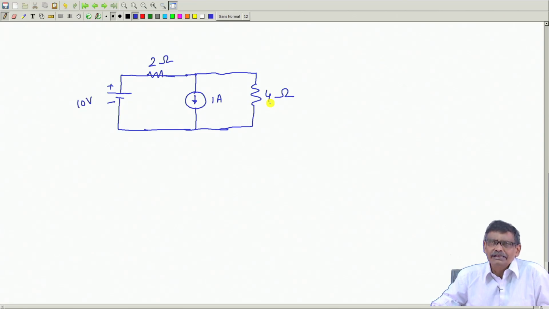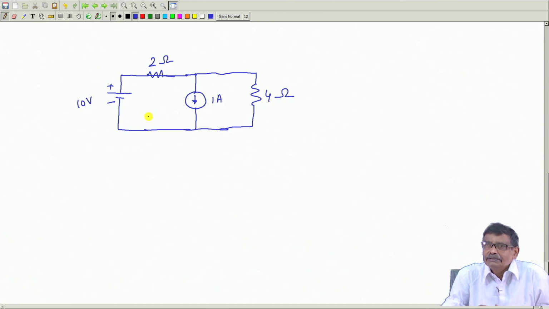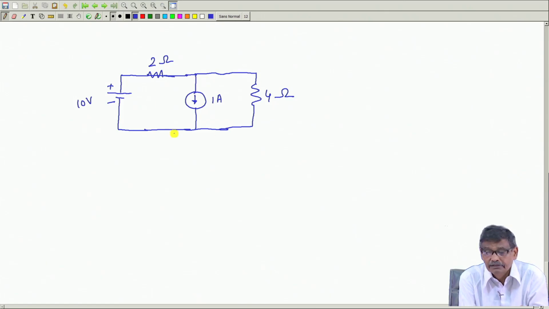One thing is clear: since you have to find out currents in all the branches, I will be happy to see current sources present in a circuit. Why am I telling this? Because in that case this branch current is already known, 1 ampere. The currents in the other branches are unknown, but in this branch the current is already known.